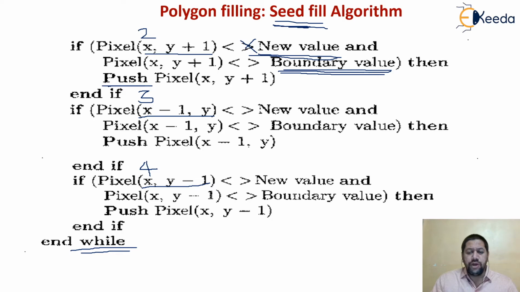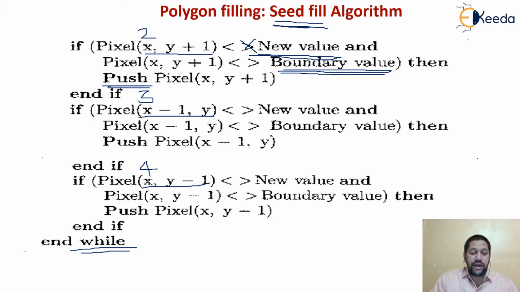If I use recursion, my program will be very easy, because everyone knows that recursion internally uses the stack data structure, so internally it will go for the push and pop operations.